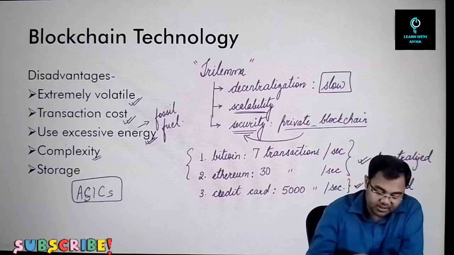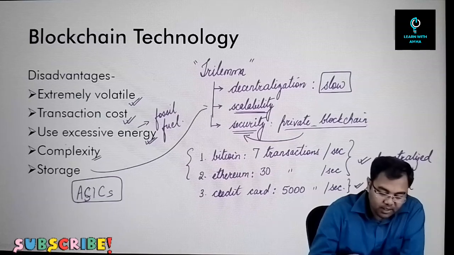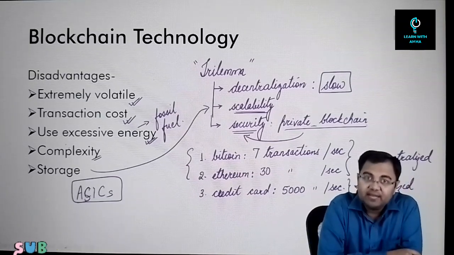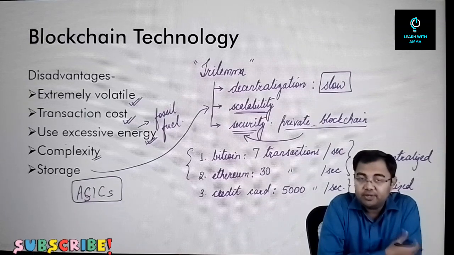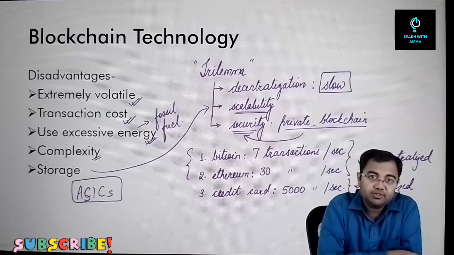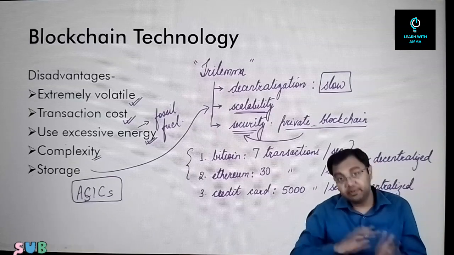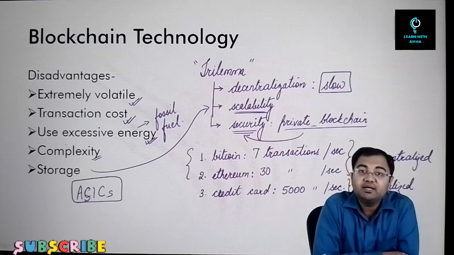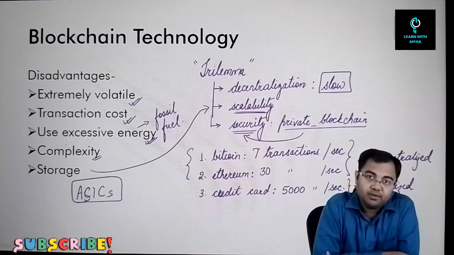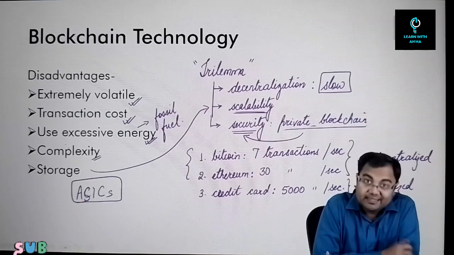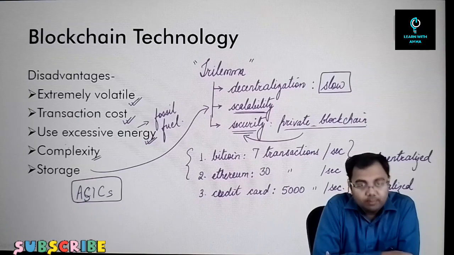And then storage, which is again a problem associated with scalability: as we start increasing the amount of bitcoins being used, or any cryptocurrency for that matter, and blockchain being implemented in different application areas, we don't know how much storage space will be required in the future. So that's another disadvantage that we see with blockchain.